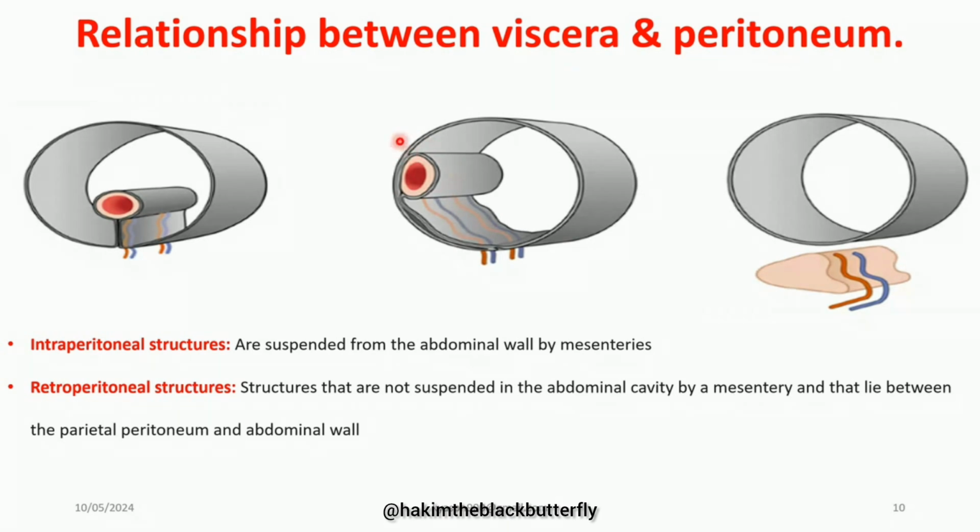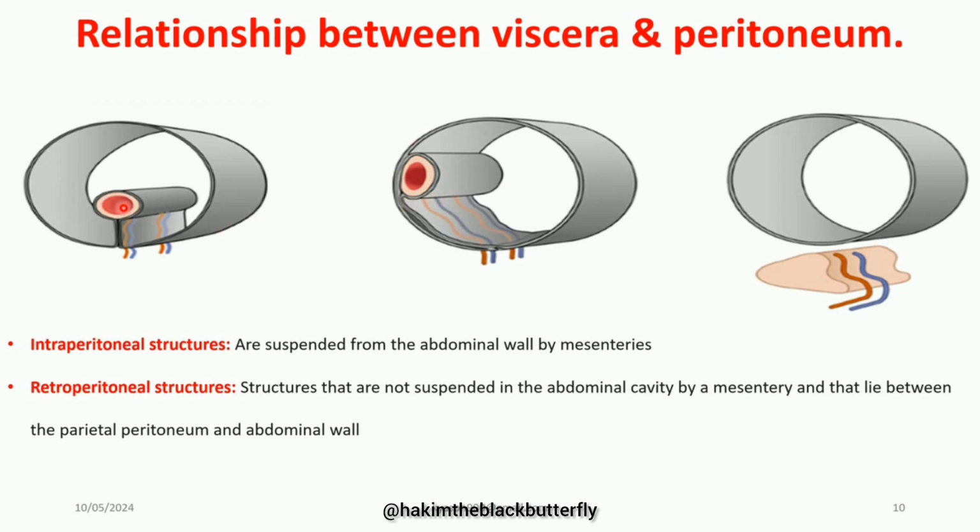Those are the organs that were initially intraperitoneal, but because of the rotation of the gut during development, these structures were made to attach on the abdominal wall, and they gained a retroperitoneal position.